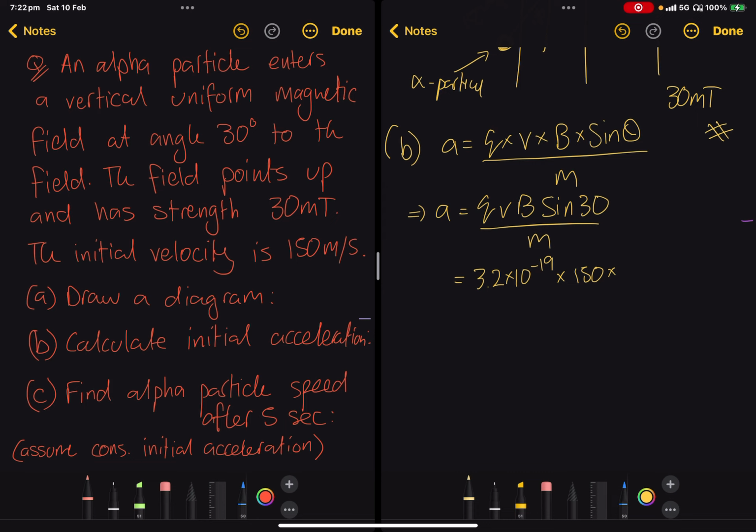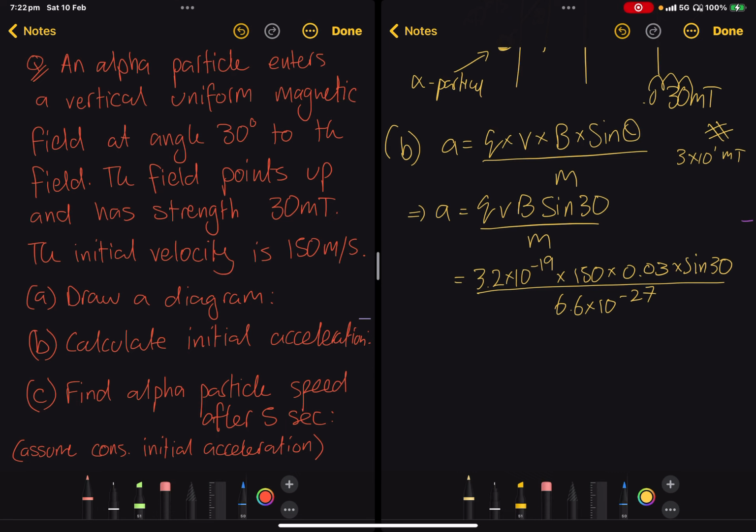We need to divide this by 1,000, so this will give us 0.03 teslas. 0.03 teslas times sine of 30, all divided by the mass. And the mass of an alpha particle is about 6.6 times 10 to the minus 27 kilograms.